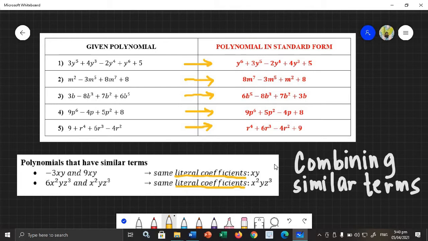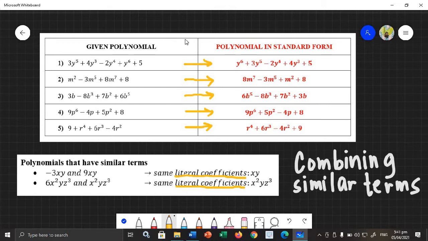The literal coefficients of the polynomials you add must look alike. That is why, when we add polynomials, the phrase we or your teachers often say is combining similar terms. Because we cannot combine polynomials that do not have similar terms. Okay? So those are the two rules before we add polynomials.